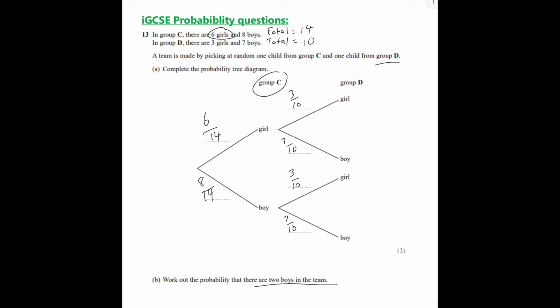Now work out the probability that there are 2 boys in the team. The only comparison we can see here is that there's a boy here and a boy there as well. To find the probability, we multiply 8 by 14 times 7 by 10.